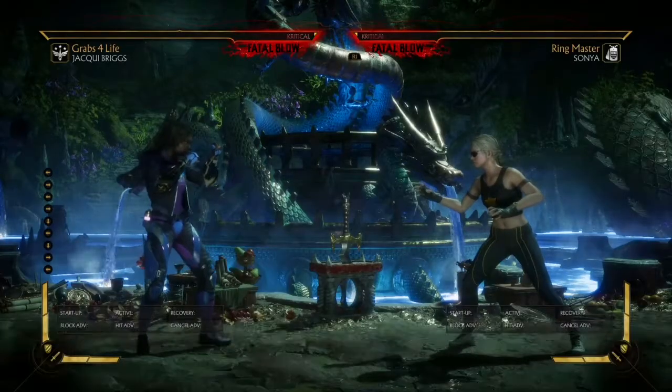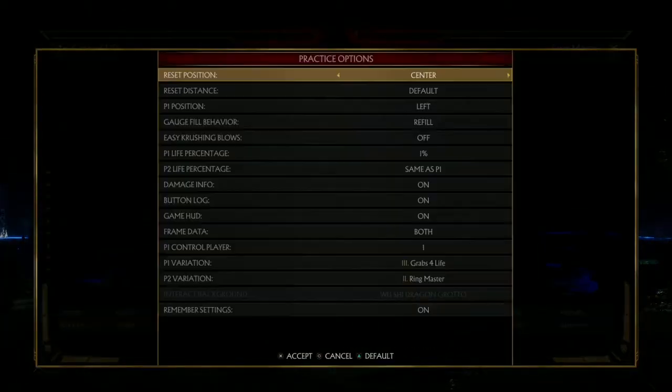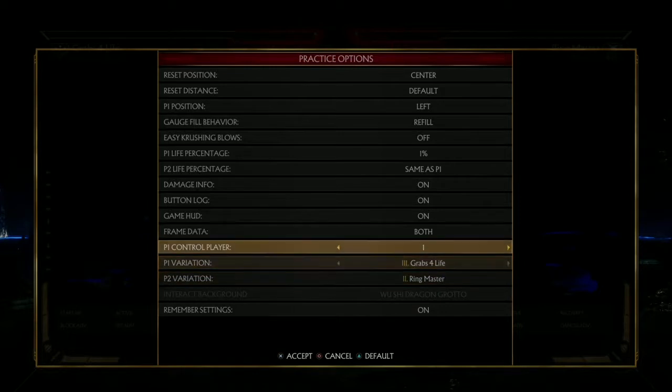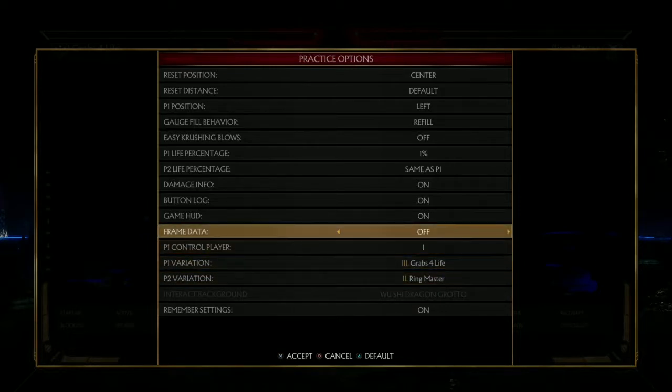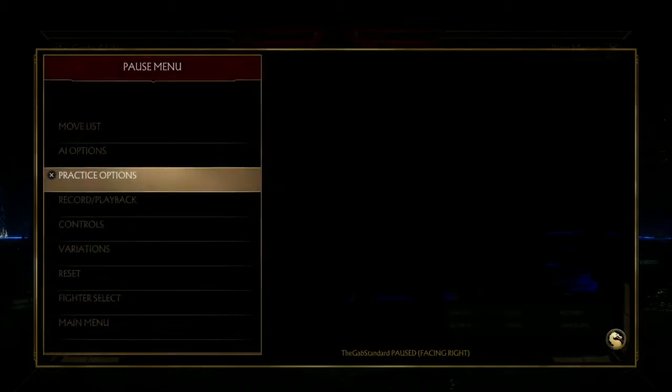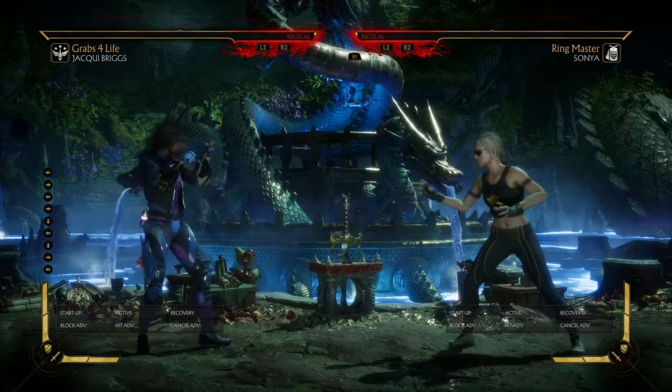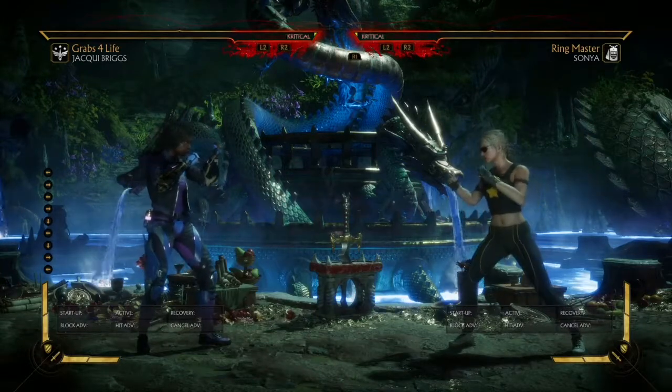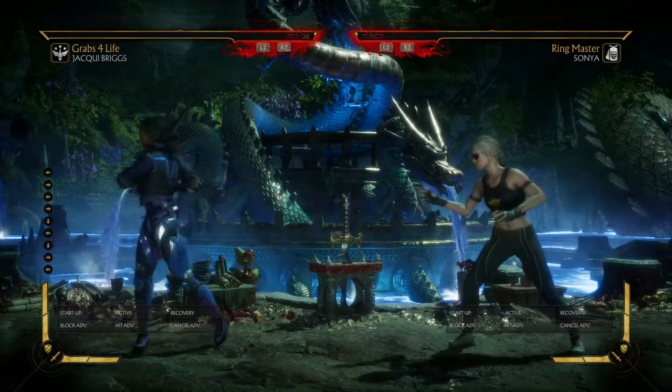Now in my practice mode, I've already got it up here, but in practice options there's a section called frame data, and you have the option to have it off, player 1 on, player 2 on, or both. I always have mine on both, and you will see the little boxes underneath each player, underneath Jackie and Sonya.